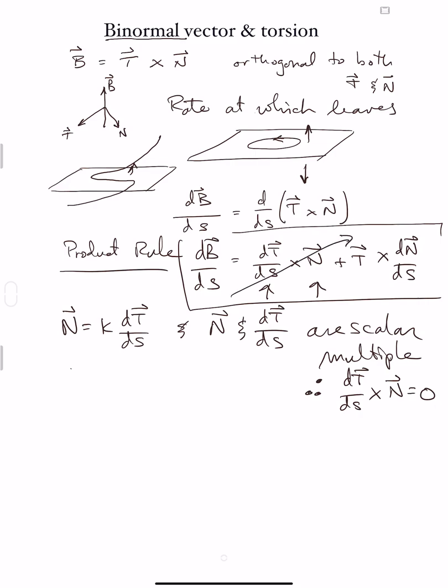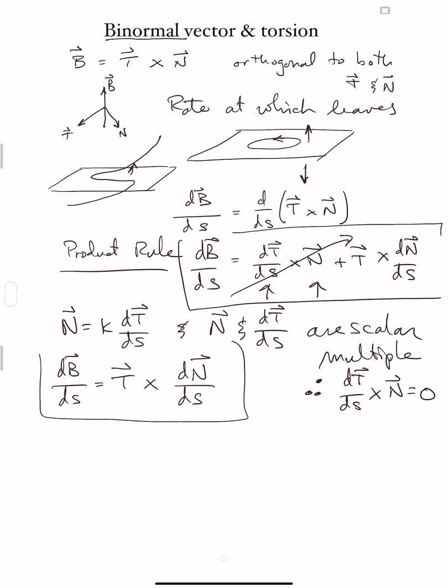We cancel that out, and then we can finally write that the binormal vector change with arc length is the cross product of the unit tangent and the change of the normal vector with the arc length.